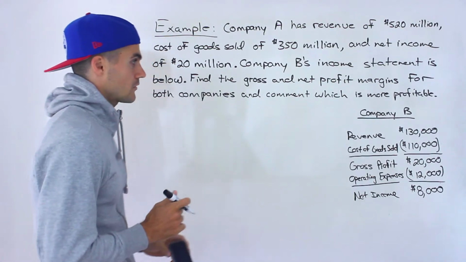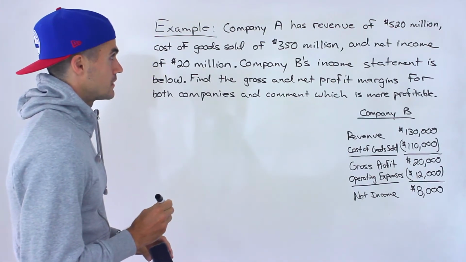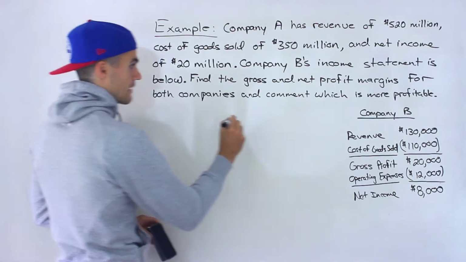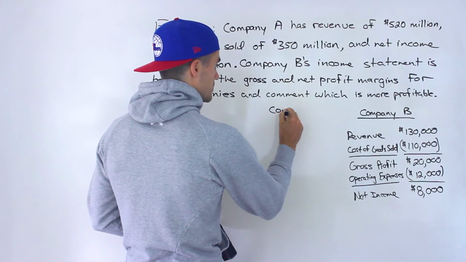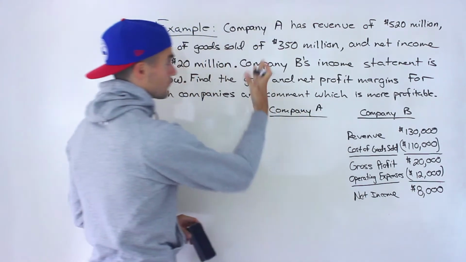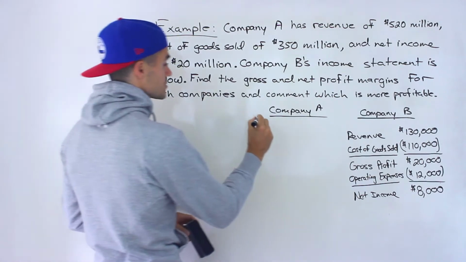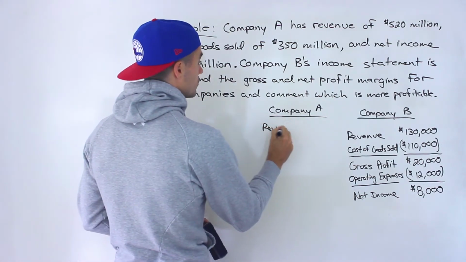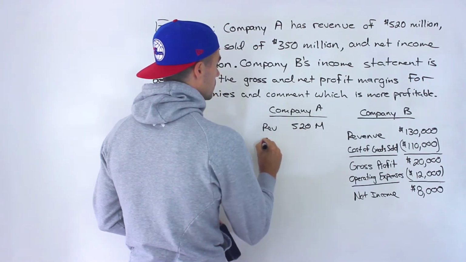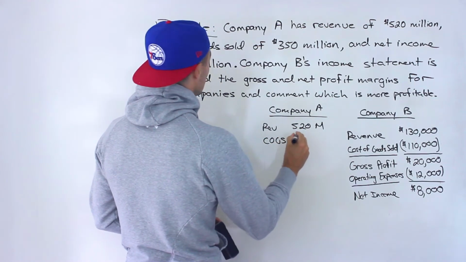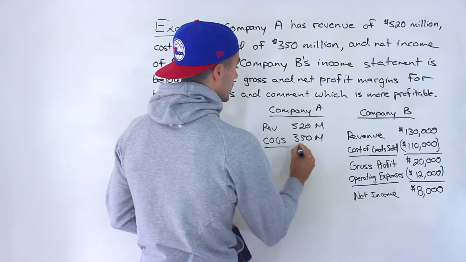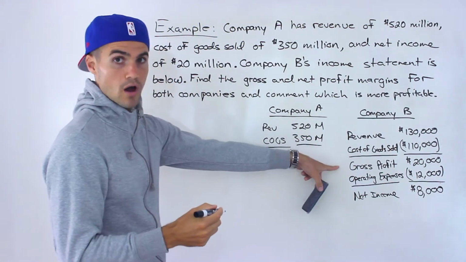So let's start with company A. If we make another income statement for company A here, because the information for them is given with words, we have revenue of 520 million, then cost of goods sold of 350 million. Now notice that we're not given the gross profit.